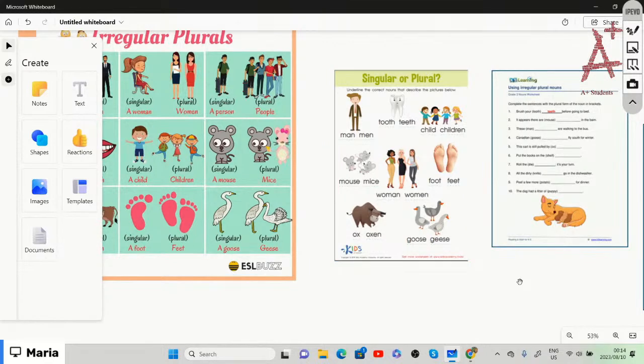So that is basically the same words that were used. Singular refers to one, either one person, place, animal, thing, idea. And plural refers to more than one, either animal, person, place, thing, or idea.